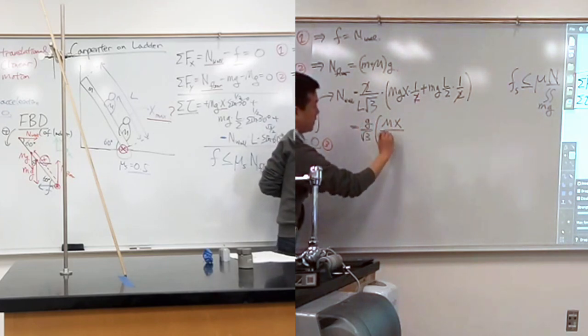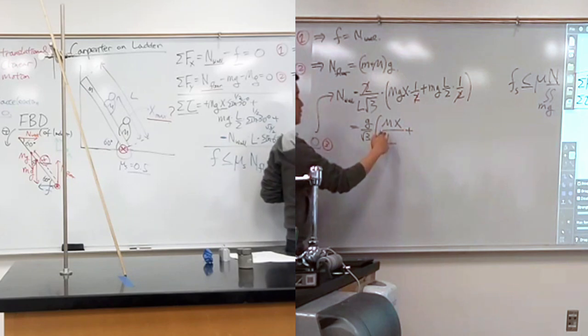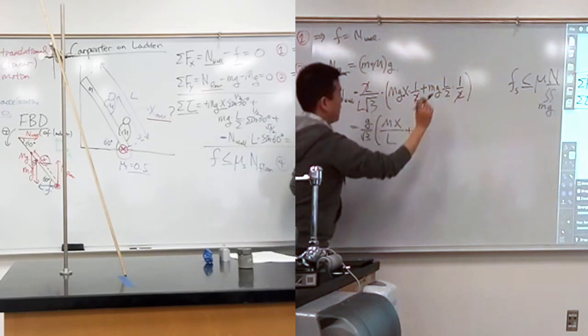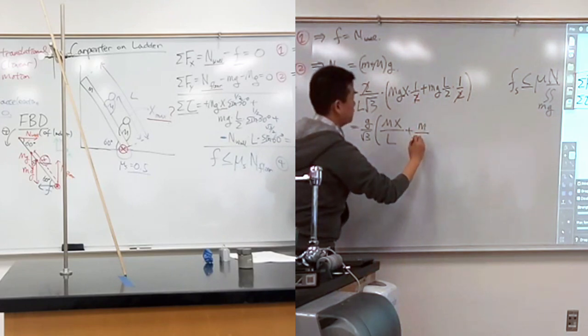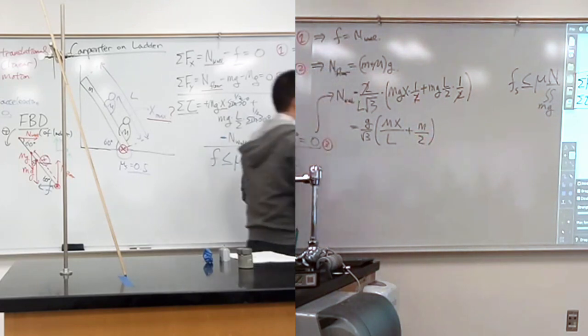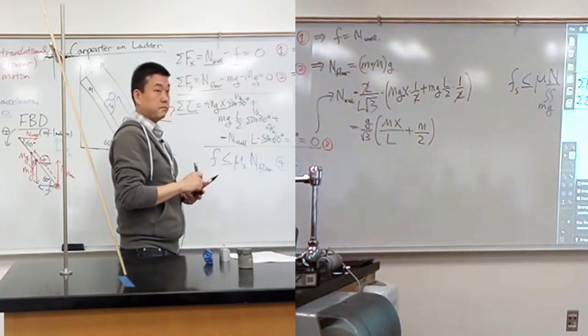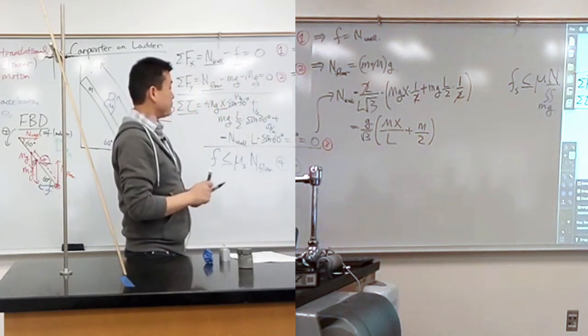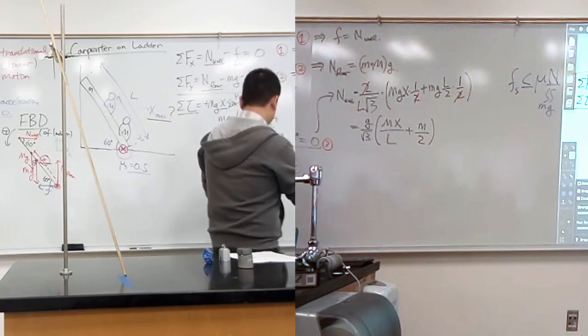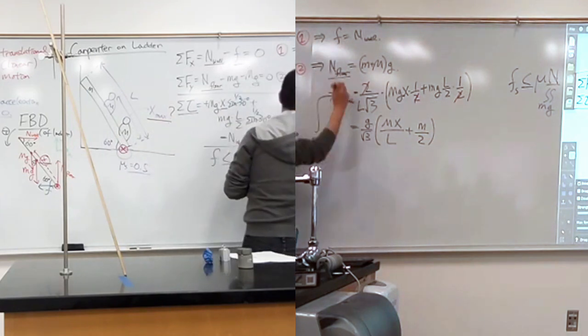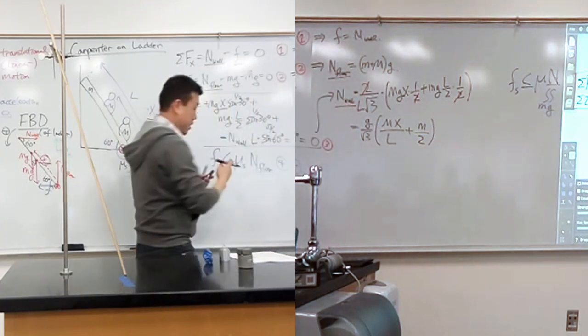So Mx over L plus, this cancels that L out, so it's small m over 2. Good? Yeah, so put n floor and n wall into this expression.